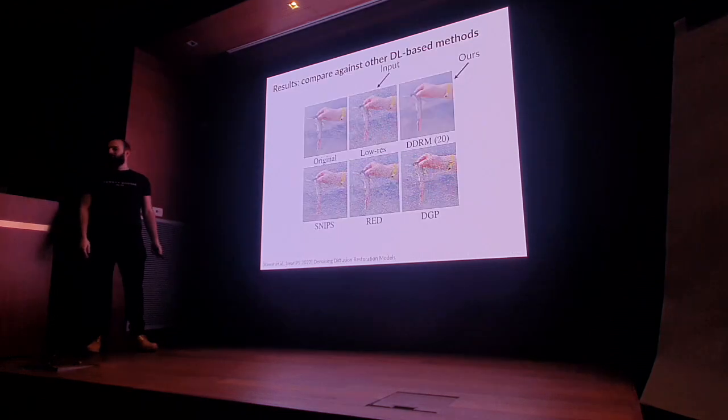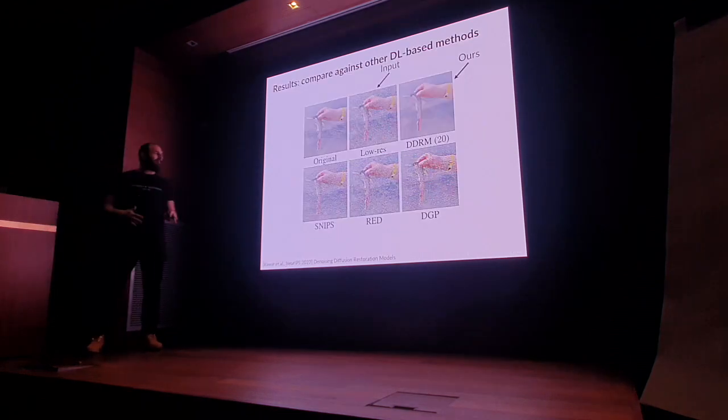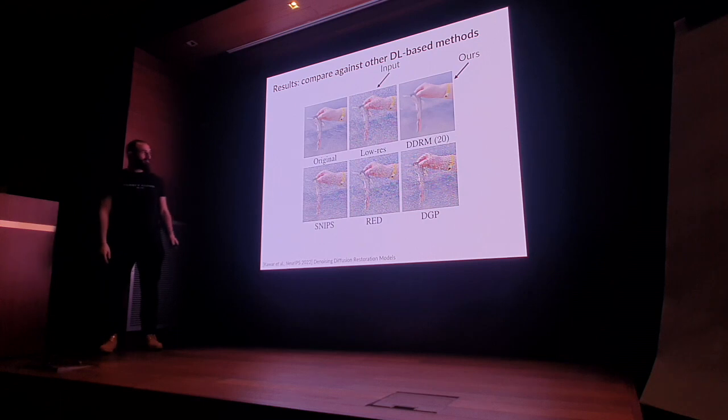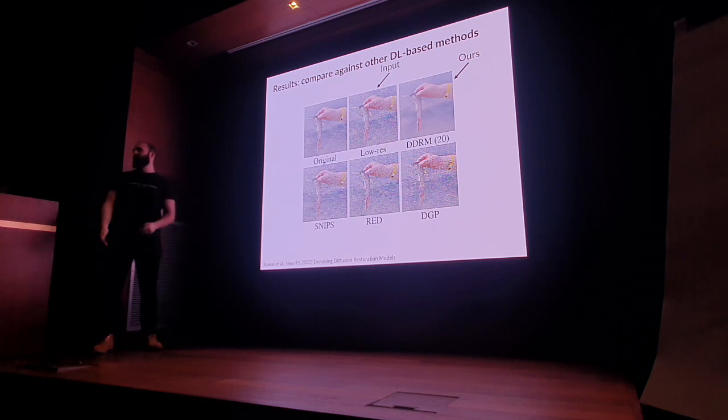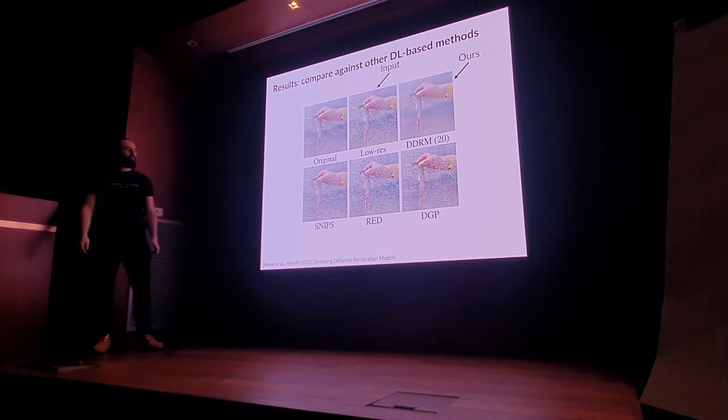So let's see some more results, just to see some comparisons. This is a 4 times super resolution task with some Gaussian noise. You can see the DDRM reconstruction, and the 20 you see here is actually the number of steps. You do this in only 20 diffusion steps. You don't really have to do 1,000 iterations.